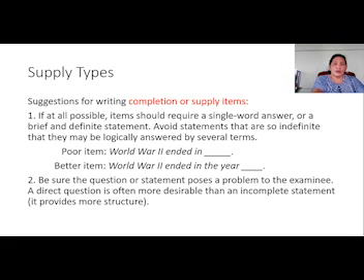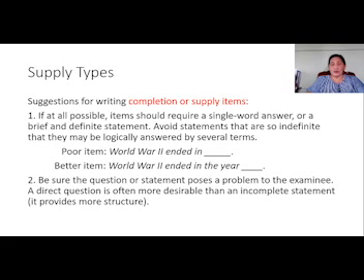Be sure the question or statement poses a problem to the examinee. A direct question is often more desirable than an incomplete statement.